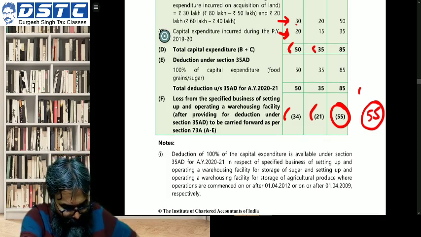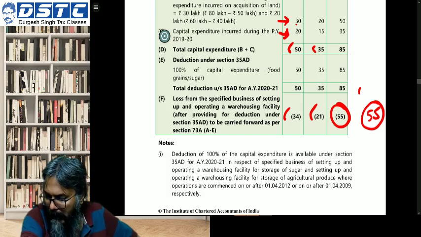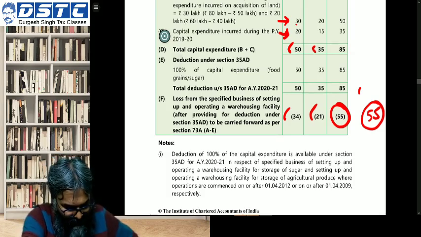Quickly, Chandana. Loss from the non-specified business, can that be set off against the profit of the specified business is my question.